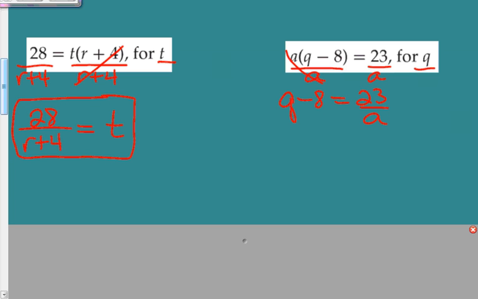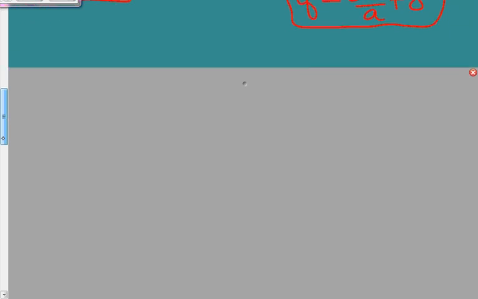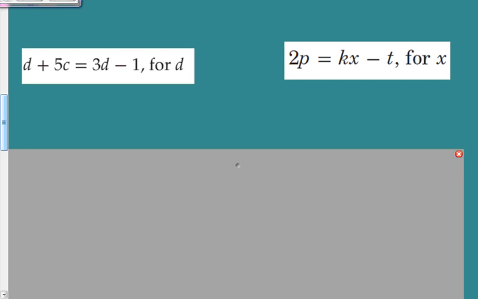And now we have the minus 8 to move away. We'll come over here and add 8. So those cancel away. We have q equaling 23 over a plus 8. And that's our final answer. Once you get the variable equaling something, and you've simplified it as far as you can, you're done.